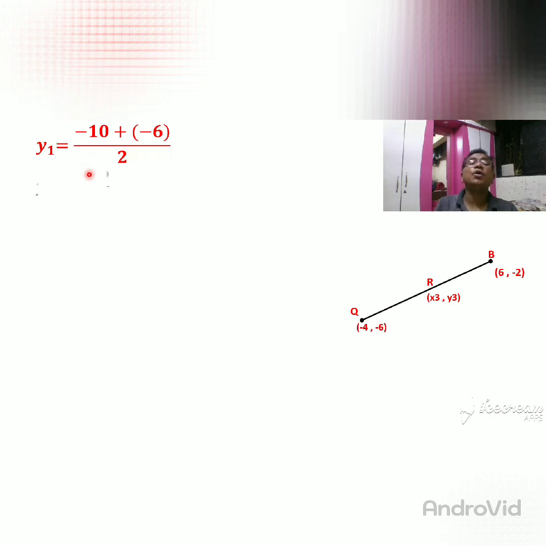Minus 16 upon 2, and 2 eights are 16, so we get minus 8. So y1 is equal to minus 8.